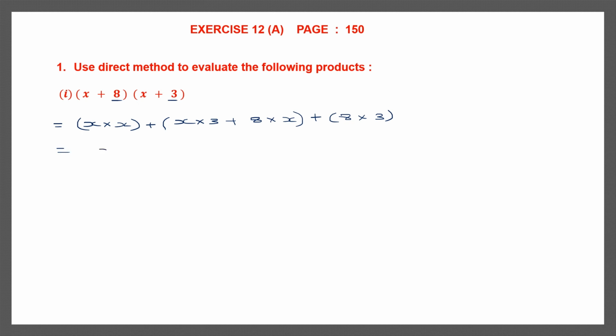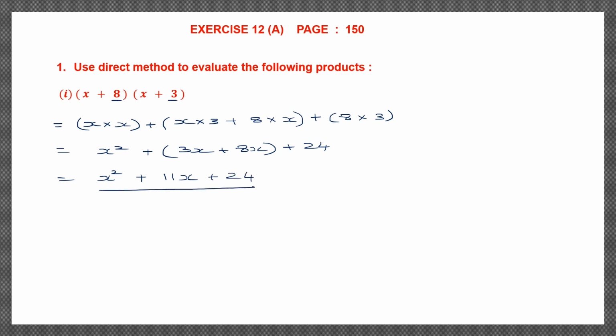So x into x is x square, plus x into 3 is 3x, 8 into x is 8x, plus 8 3s are 24. So this is x square plus 3 plus 8 is 11, 11x plus 24. So we have used the direct method to find our answer.